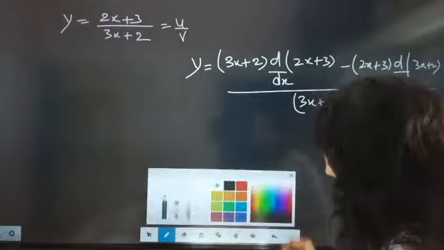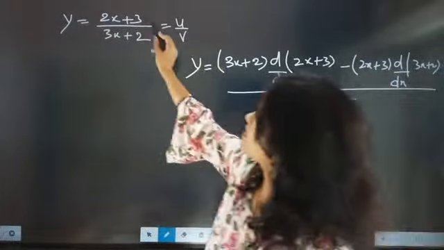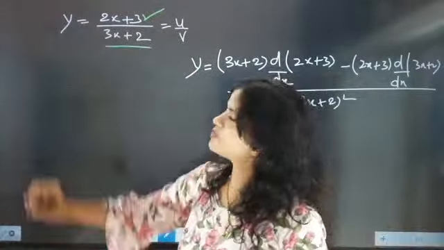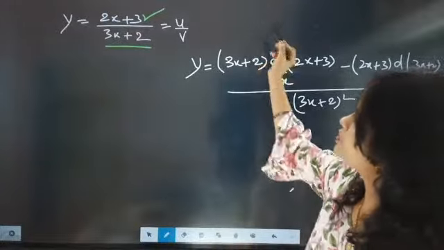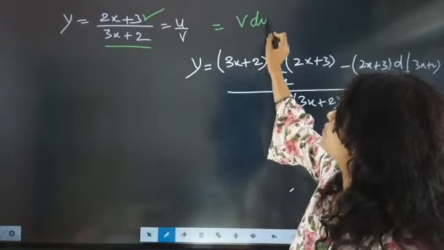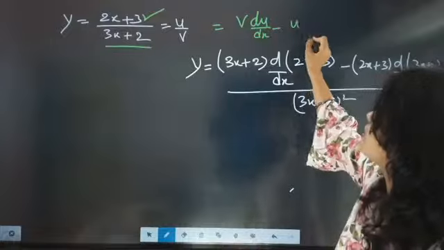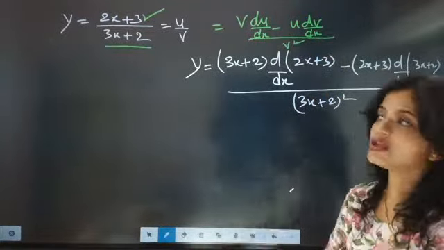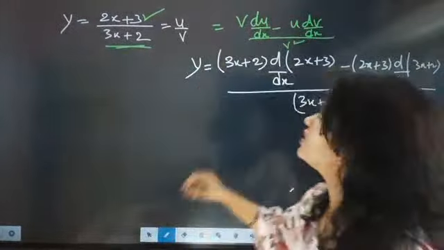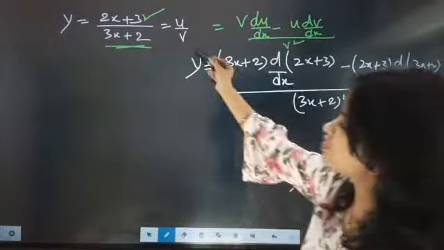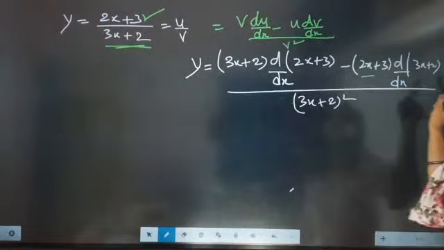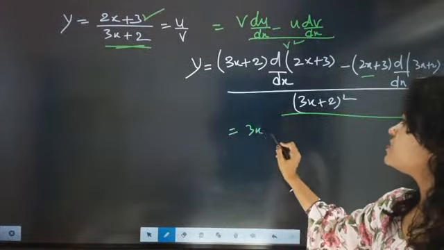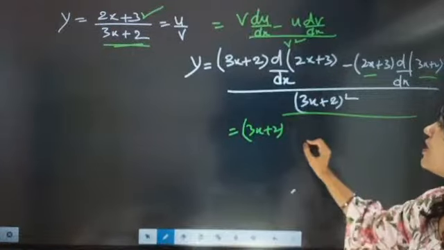So that is what I said. When 2x plus 3 is considered as u and 3x plus 2 is considered as v, then according to the formula, that is v du by dx minus u dv by dx, all by v square. So here v is exactly given. So the v part we write 3x plus 2 times the differentiation of 2x plus 3, minus 2x plus 3 times the differentiation of 3x plus 2, by 3x plus 2 whole square. Then the story is over, because the differentiation of 2x plus 3 will give you 2.